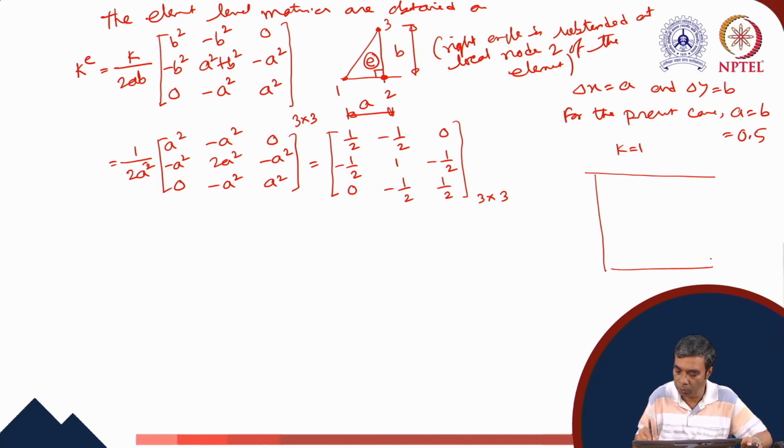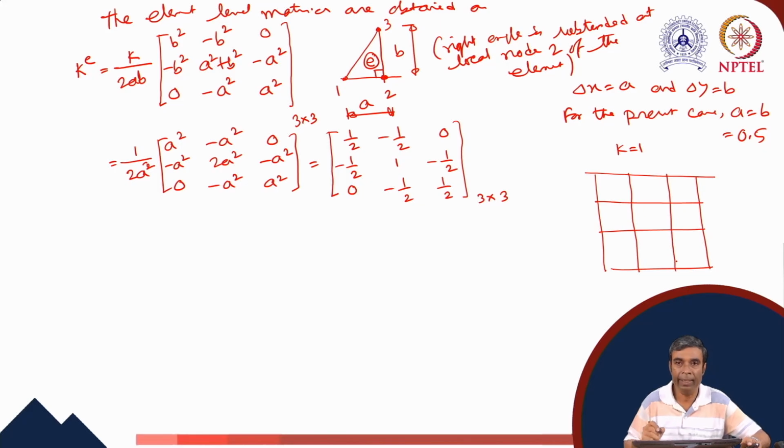So if we look into our element numbering, then we can see that the elements for which the right angle is subtended at local node 2, they are with odd numbers. So here we replot the mesh.